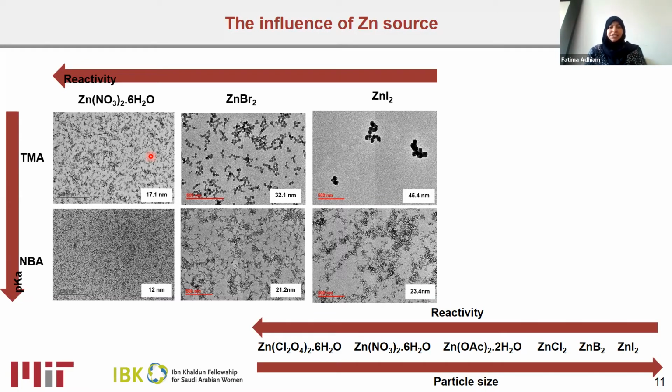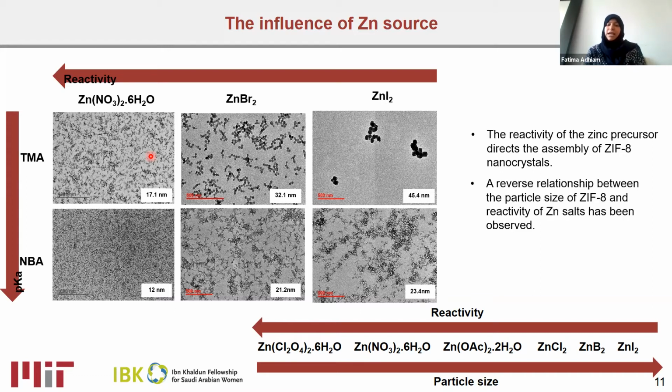As these reactions have also been repeated with different zinc sources, we confirm that the reactivity of zinc precursors can direct the assembly of ZIF-8 nanocrystals. And as you can see here, there is an inverse relationship between the particle size of the ZIF-8 material and the reactivity of the zinc sources.